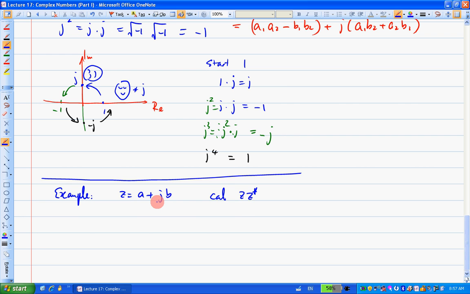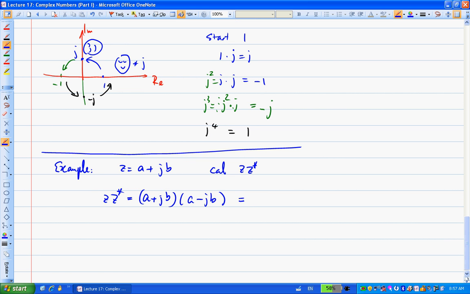So z is the complex number, and z star is the conjugate. You just learned the conjugate. What does this equal to?